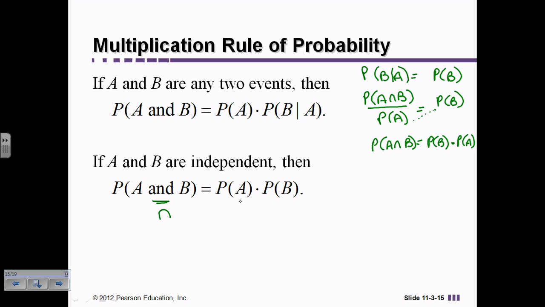That's when the two events are independent. When they're not independent, it's a little bit different, but not that much more.